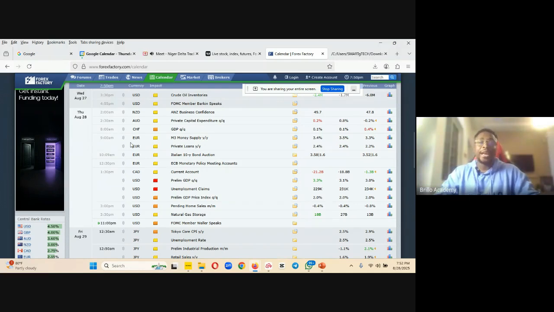Okay. Now, if you check here, you see folders, right? All these folders have meaning. You see deep yellow, you see light yellow, and you also see red. Now, the light yellow one is also an event, but this event has low impact.